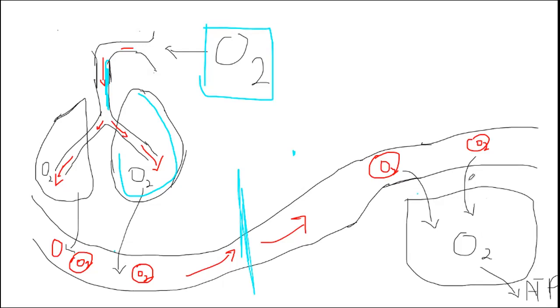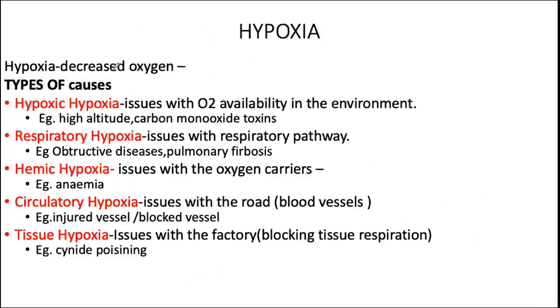So let's look at the next slide and understand what we mean. Here are your keys for that. Hypoxic hypoxia is when there is a decreased oxygen availability in the environment. We see that in high altitudes. In high altitude, what is happening? The partial pressure of oxygen is low. In carbon monoxide toxicity as well, especially someone in a garage, and then you come and meet them, they've passed away, and the fumes from the garage are coming so much.